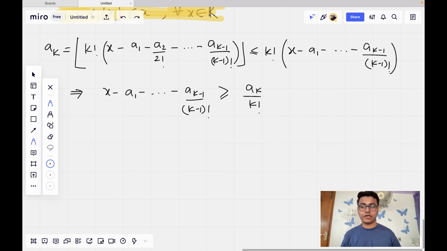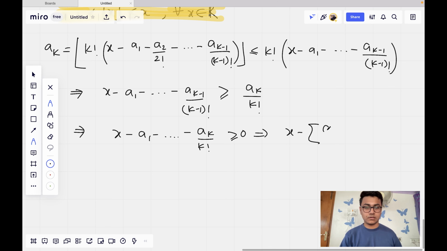We'll bring k factorial to the other side. It's just some simple manipulation. This gives us that x minus a1 minus all the way till ak by k factorial, we are bringing this term to the left hand side, is greater than or equal to 0. In other words, writing this compactly, the sum of ai by i factorial as i goes from 1 to k is always less than or equal to x. So this is a property that we will need.